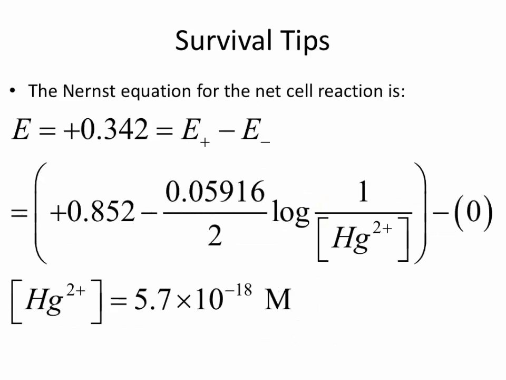Now the Nernst equation for the net cell reaction is given here. We know that that value is plus 0.342, and that has to be equal to E plus minus E minus.